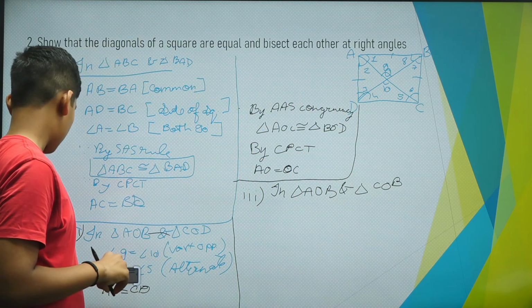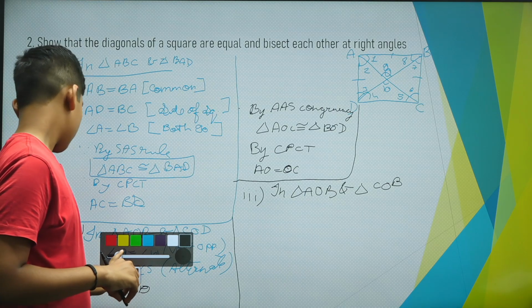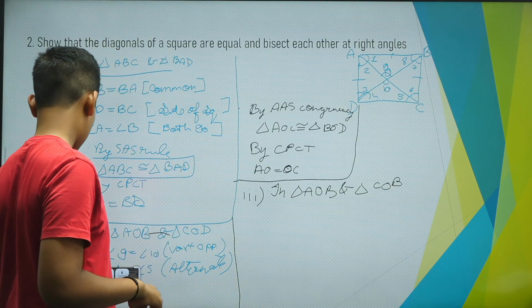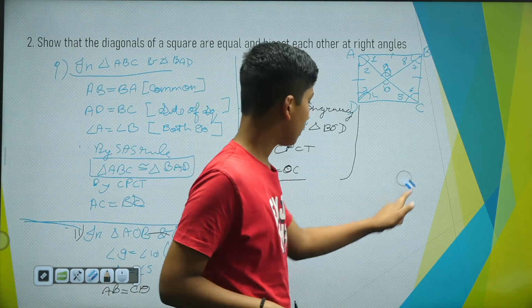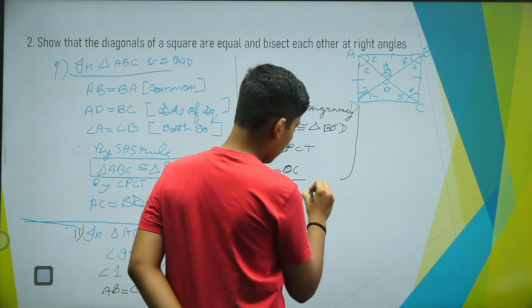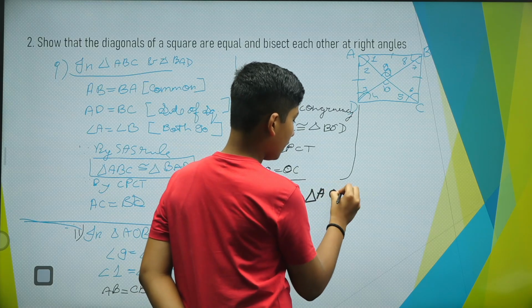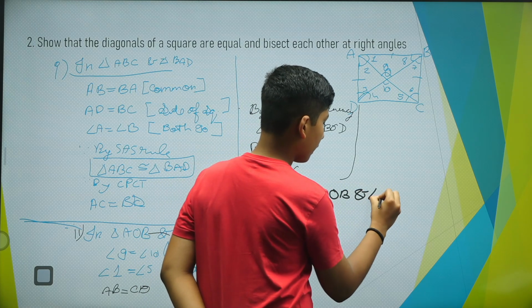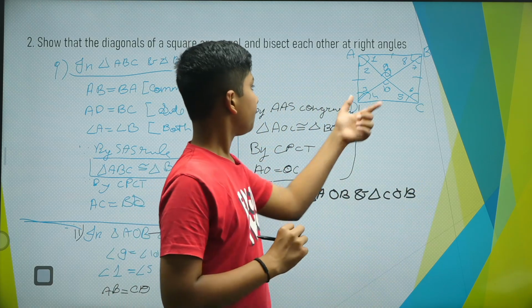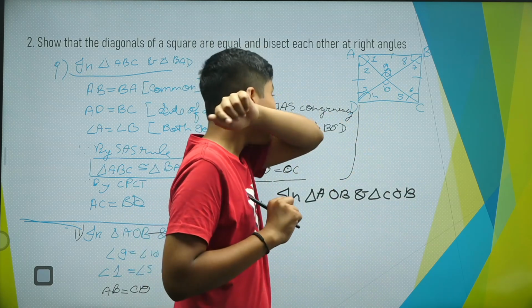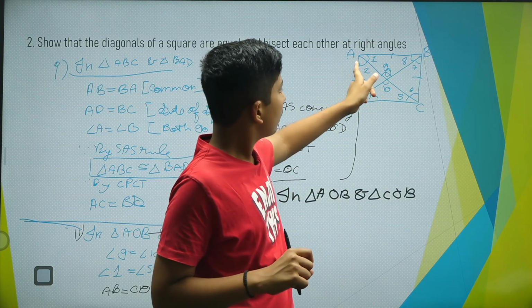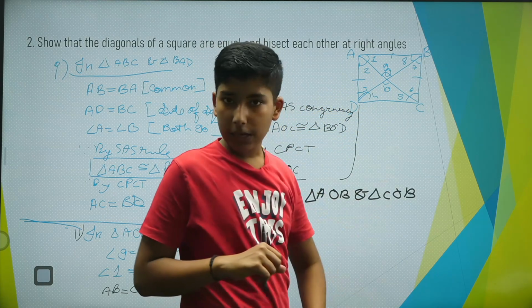So firstly I'll have to increase the width. And erase this AOB and COB. In triangle AOB and triangle COB. Okay, these two triangles I have chosen. And now what can we do? We can say that angle 1 is equal to angle 6. Why?